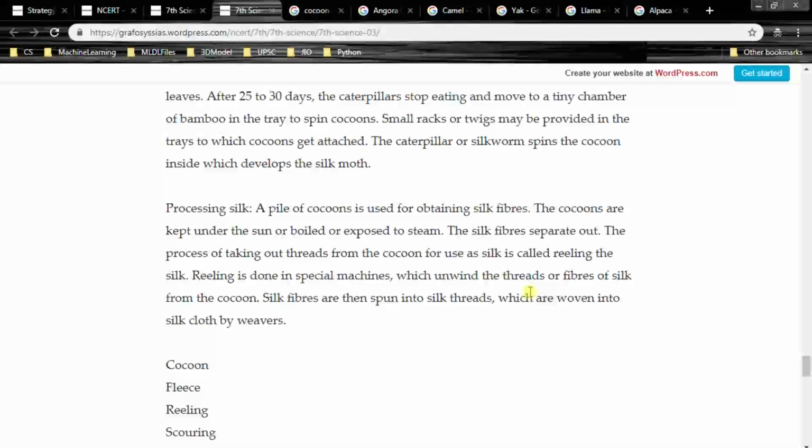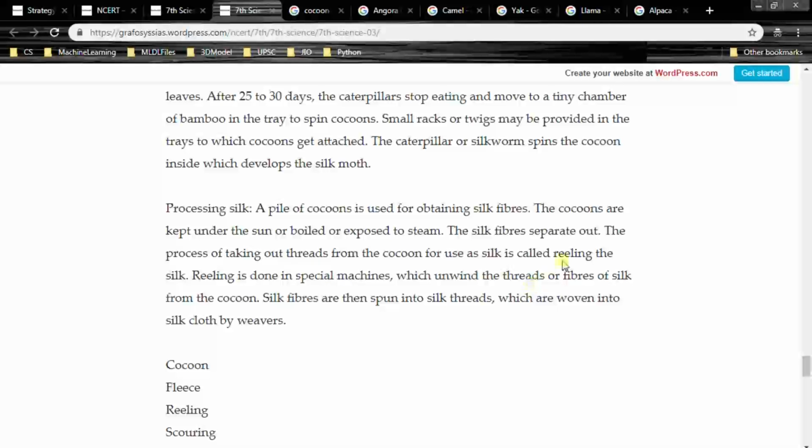So we can see the cocoons are used for obtaining silk fibers. So what happens? They will either boil, or they will expose it to steam, or they will keep it under sun. Then the silk fibers separate out, and the process of taking out threads from the cocoon for use as silk is called reeling, right?